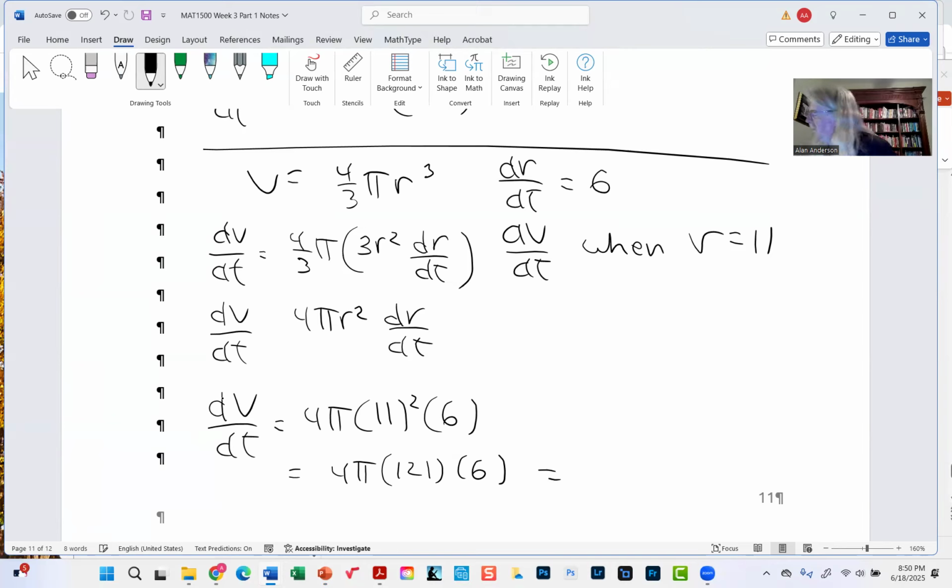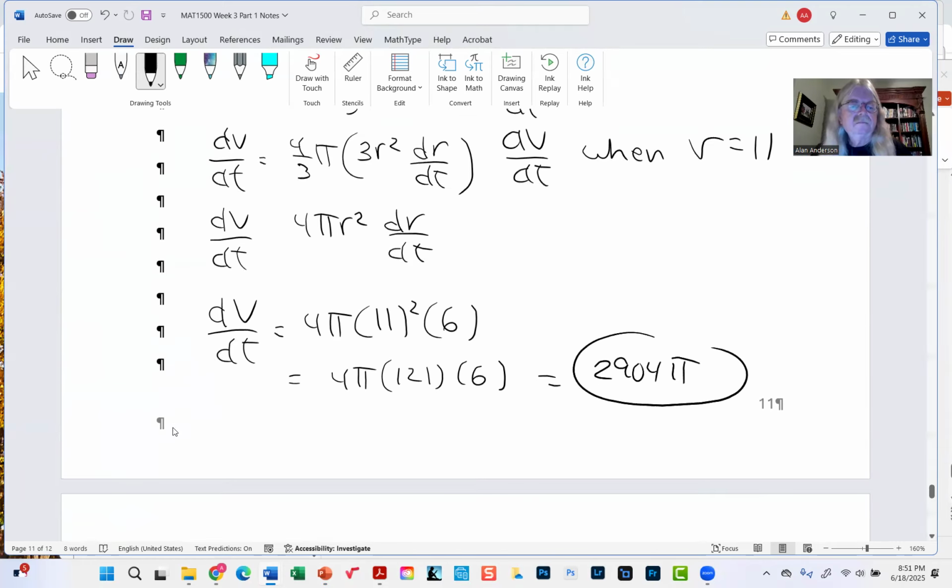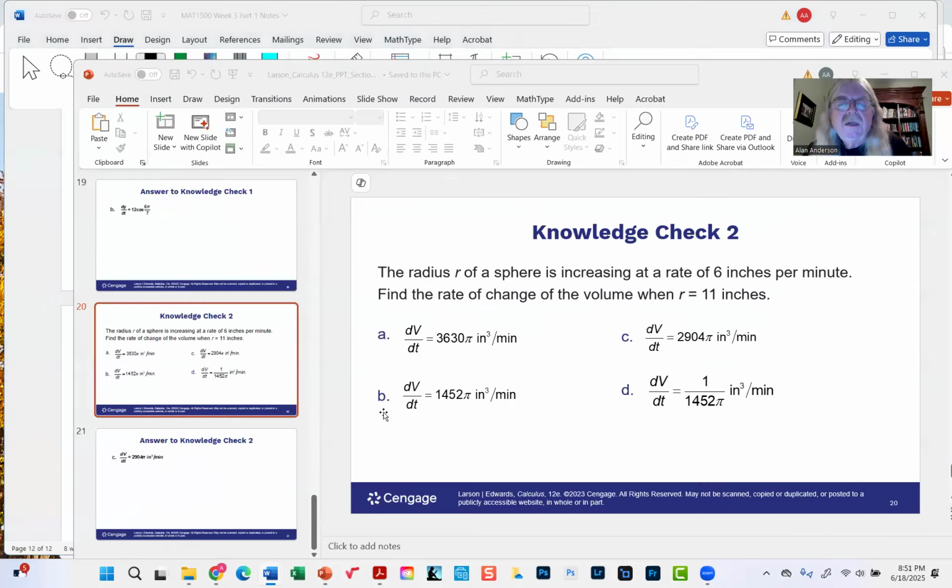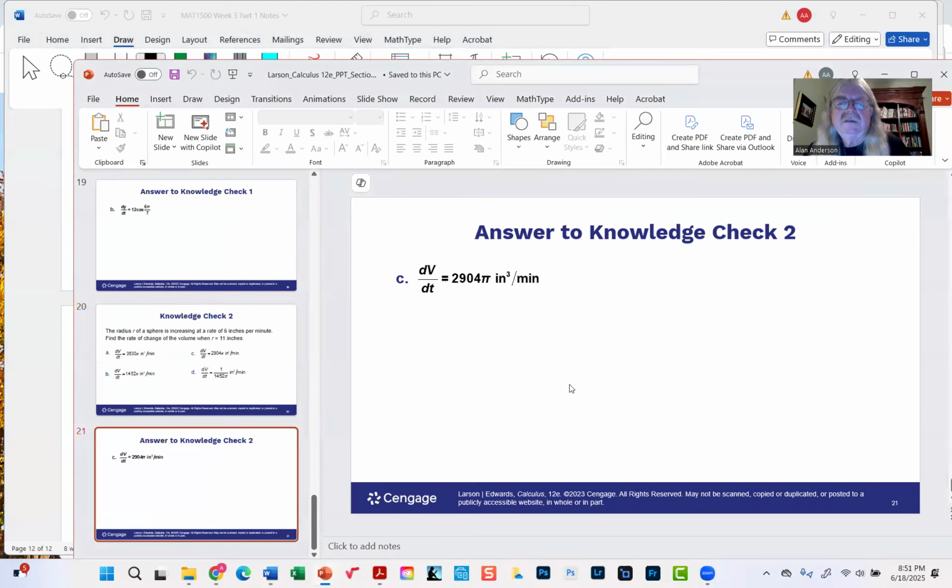And that's going to be 2904 pi. There it is, C. Beautiful.